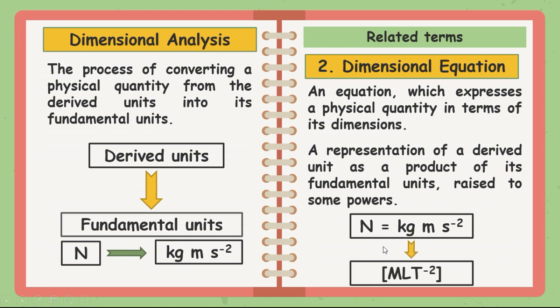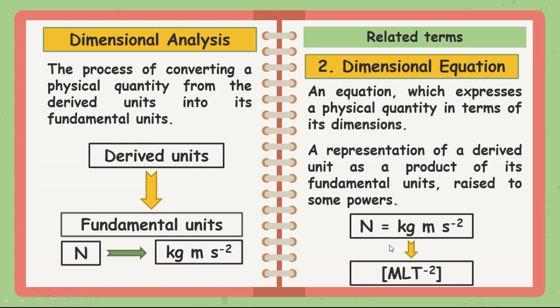In order to write the equation, you convert the kilogram to its fundamental unit, which is mass, the meter is the fundamental unit for length, and the second is for time. And so dimensional equations are written like this: MLT to the power negative 2 for Newton.